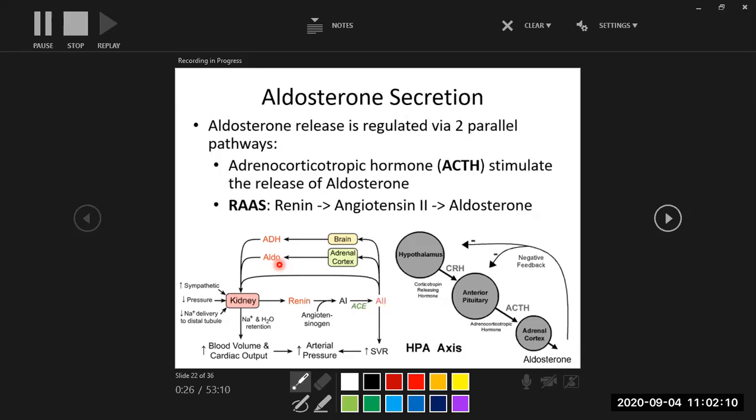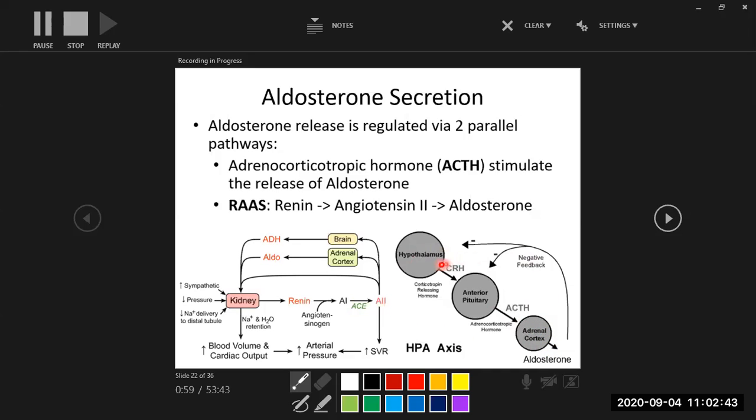Another pathway is ACTH, the adrenocorticotropic hormone released from the pituitary. The hypothalamus secretes CRH to act on the anterior pituitary in the lower portion of the brain, and that releases ACTH to act on the adrenal cortex.